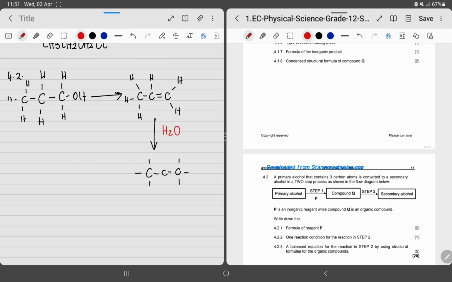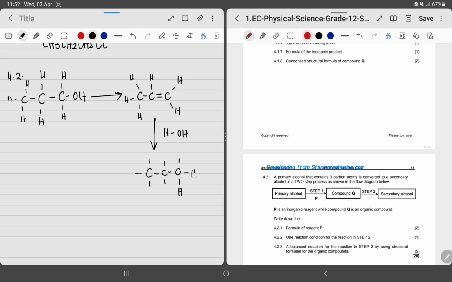The hydrogen is going to go to the carbon with the most number of hydrogens. So this right here is the same as that, right? The hydrogen is going to go to the carbon atom that already has more hydrogens, according to Markovnikov.